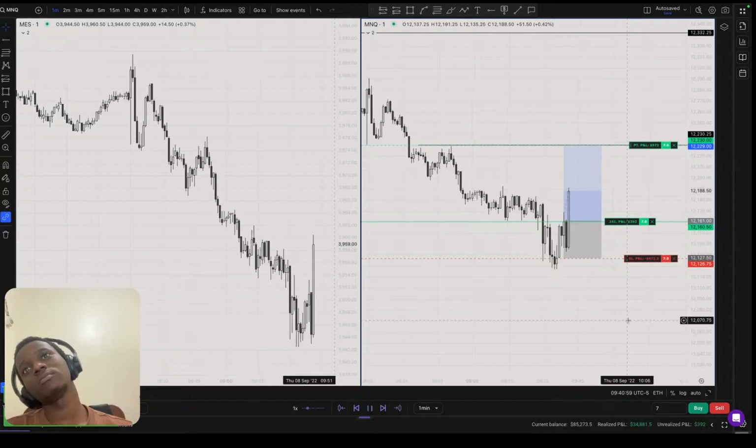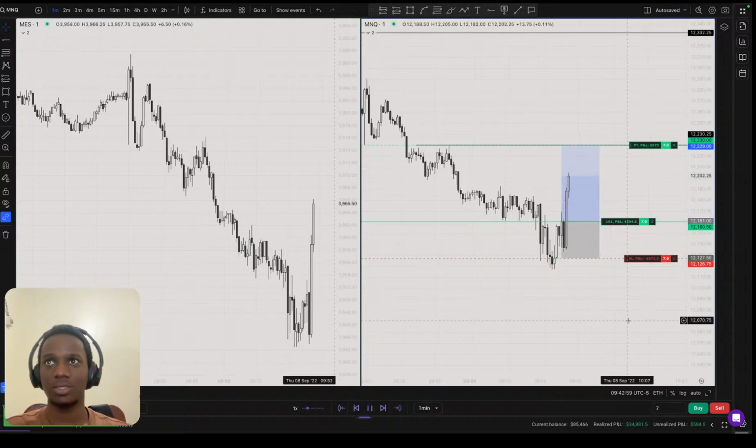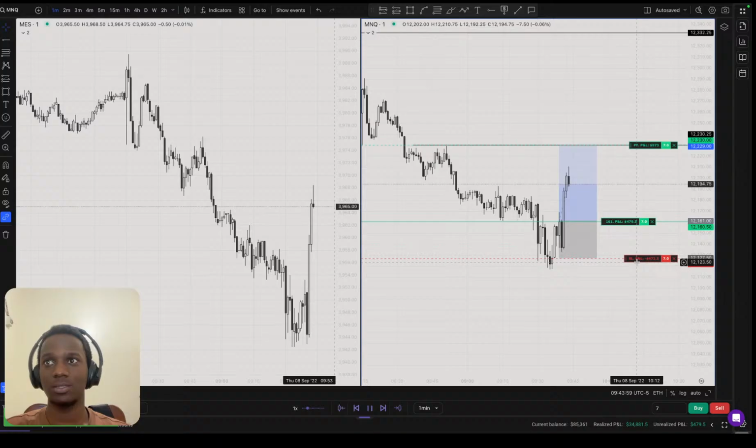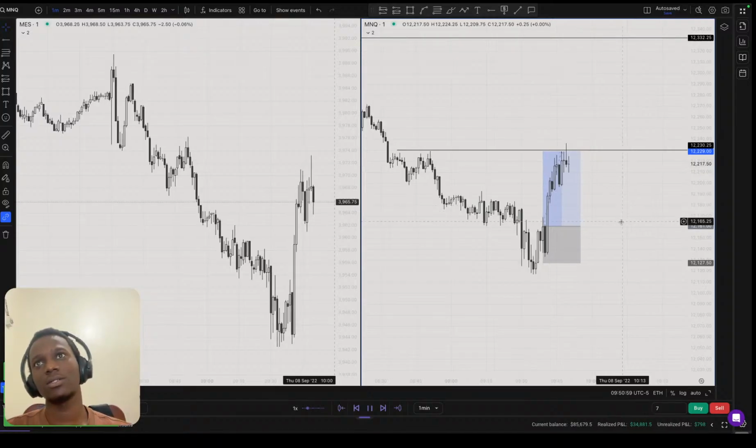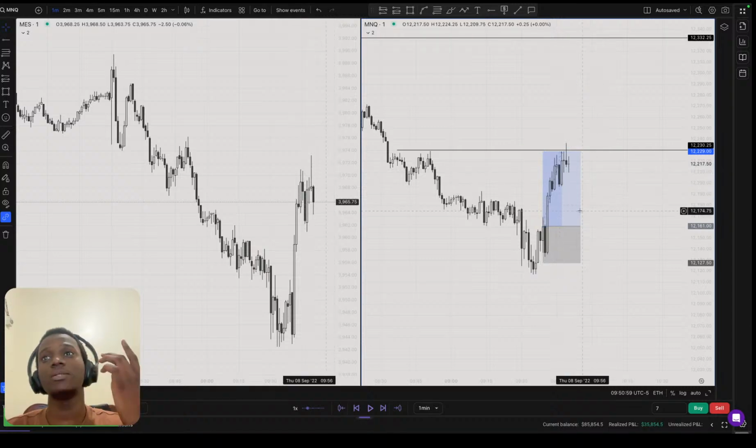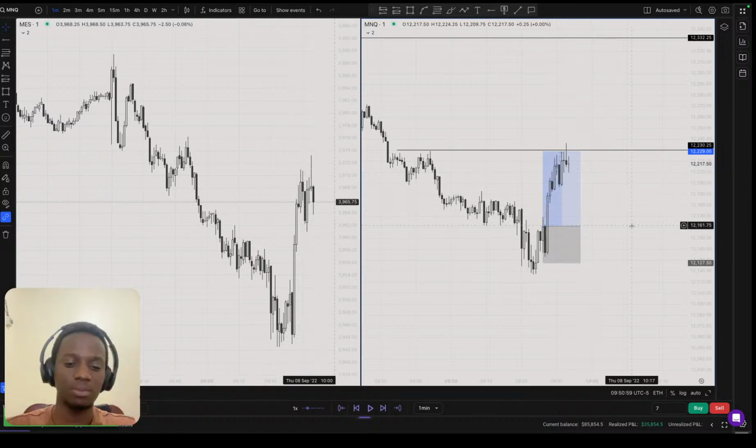Wait a minute. That was insane. Seriously. Right, take profit gets hit after playing around it for a couple of minutes. 2R banked.